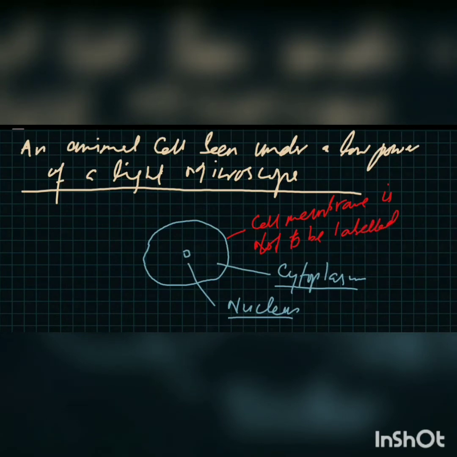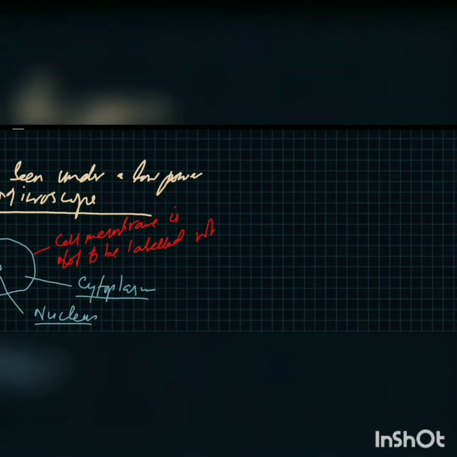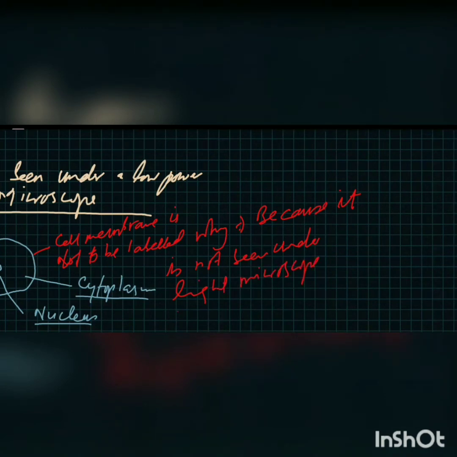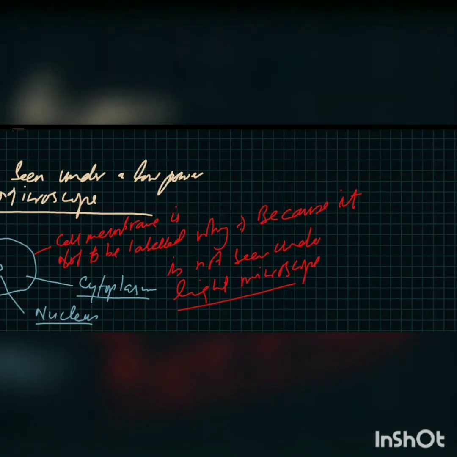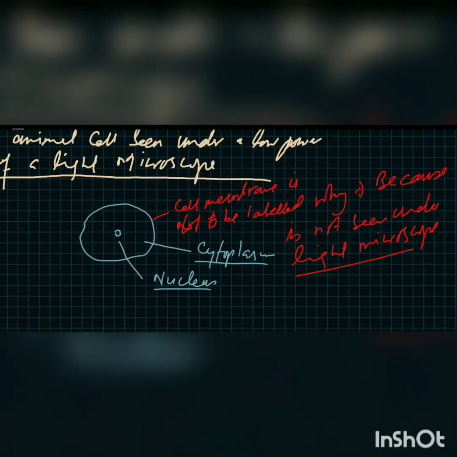Why? Because it is not seen under a light microscope. So the object that we cannot see, we will not label it under a light microscope. So we will only label cytoplasm and nucleus, though we know that this is an outer boundary which will have the cell membrane. You got the point?